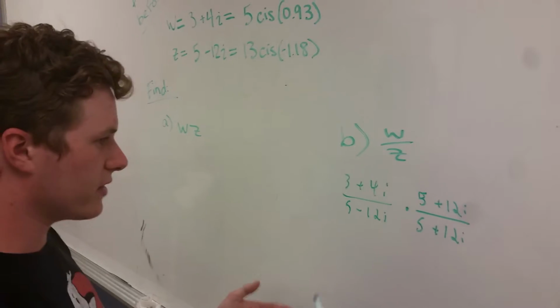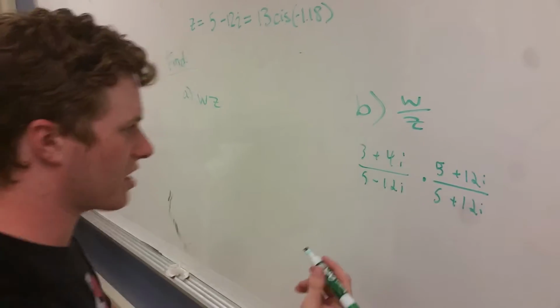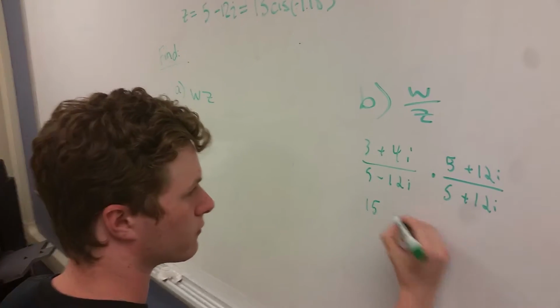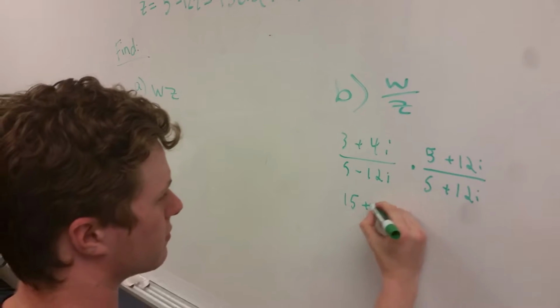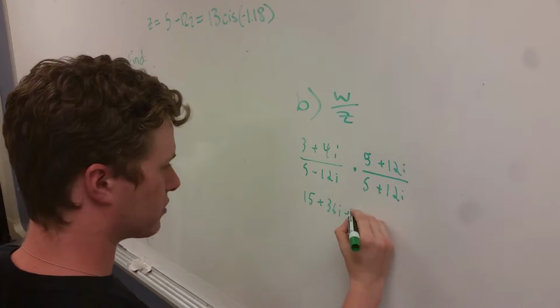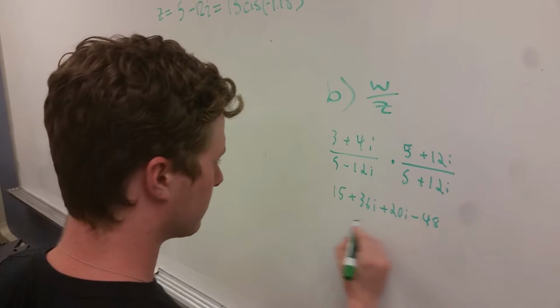So for the top one, it's just going to be the same kind of thing that we did with W times Z, since it's W times the conjugate of Z, which gets you 15 plus 36i, and then plus 20i, so again, now minus 40.